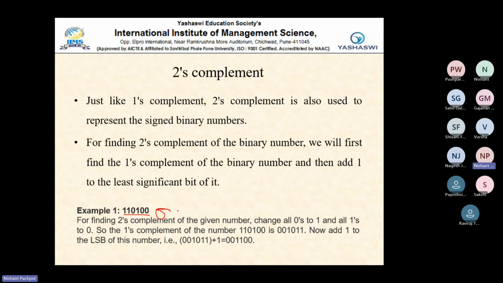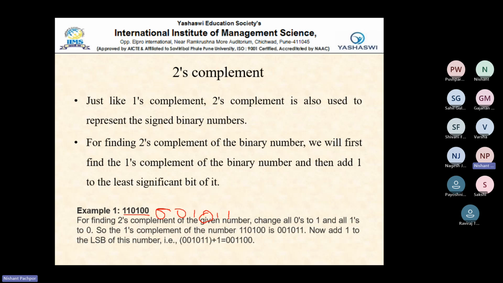The next one is also converted into zero. Then the next is zero, so it is converted to one. The next is one, so it is converted to zero. And the last is zero, so that will be converted to one. This is my conversion for the ones complement.